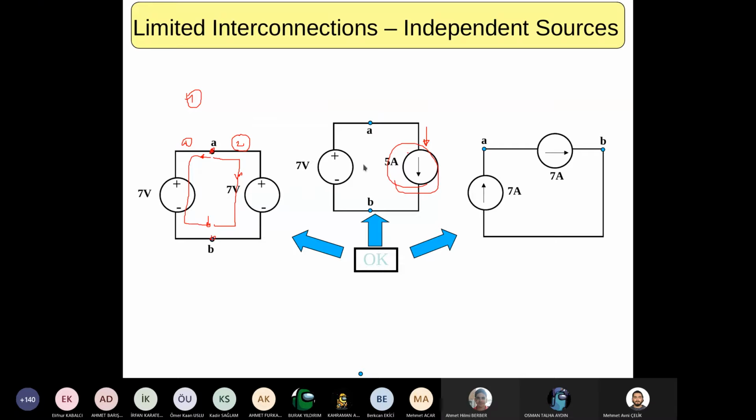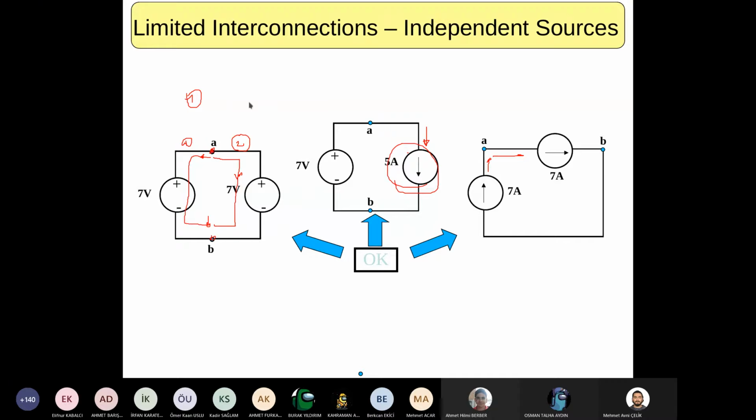And it still is valid. It doesn't come across anything that we haven't said before. Similar to this one, this branch, which is in series with this branch, should have the same current on both sides. If the independent voltage source says something different, then this representation will be invalid.